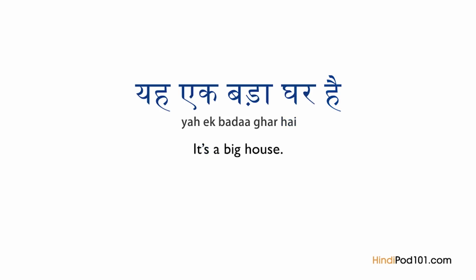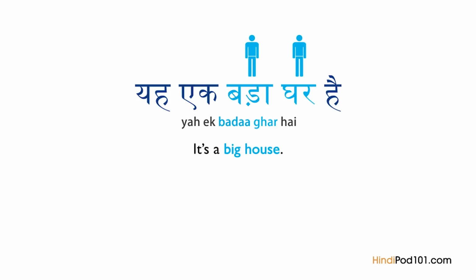Now, let's look more closely at bada, which means big, and ghar, which is house. In Hindi, all nouns, and not just people, are either masculine or feminine. Here the subject ghar or house is a masculine word, so the adjective bada or big also has to be masculine. Ghar is also singular, so bada also has to be singular.